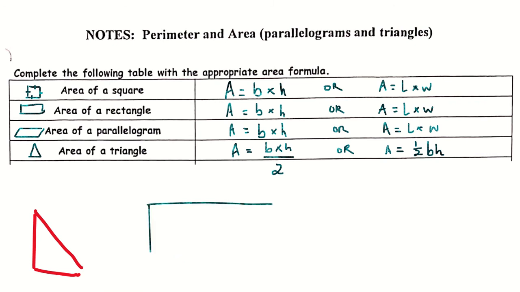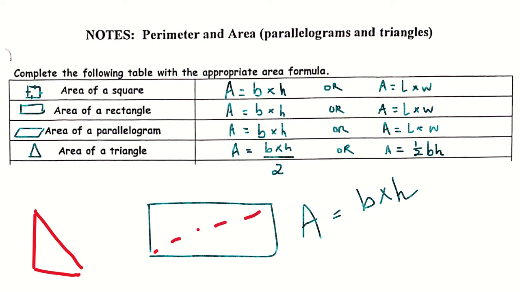Here's a rectangle. Now inside, which, of course, a rectangle has an area of base times height, right? That's the formula. Now inside of the rectangle, if we cut the rectangle diagonally, it's not a very straight diagonal, but if we cut that rectangle diagonally, what do you see inside?